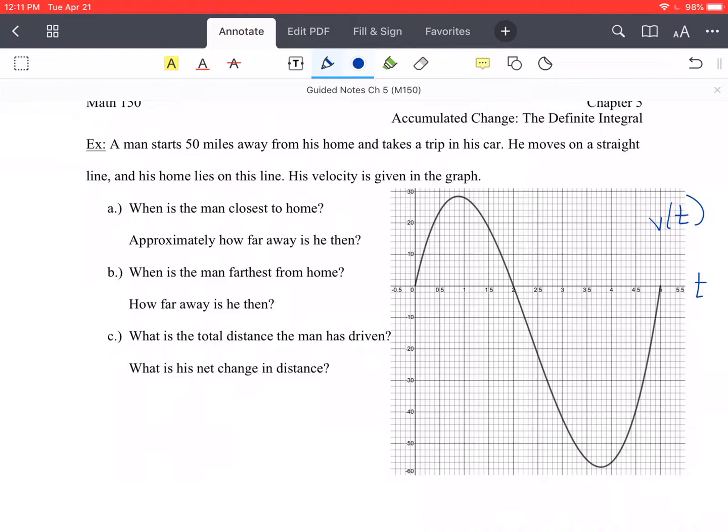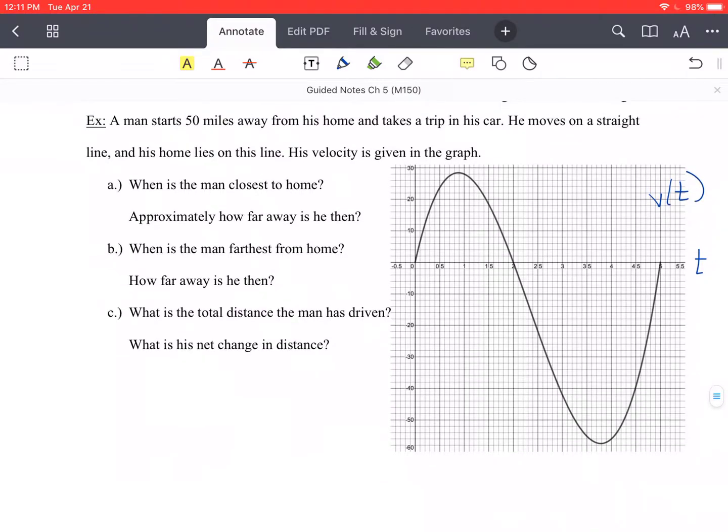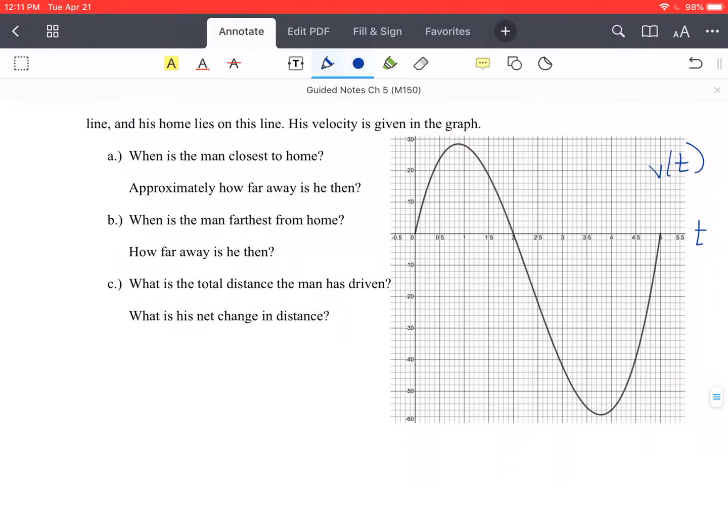Okay. So first, before we answer these questions, I want to look at what's really happening in this scenario. A man starts 50 miles away from his home, and he's moving towards his home and then away from his home. On this graph, notice what's happening.